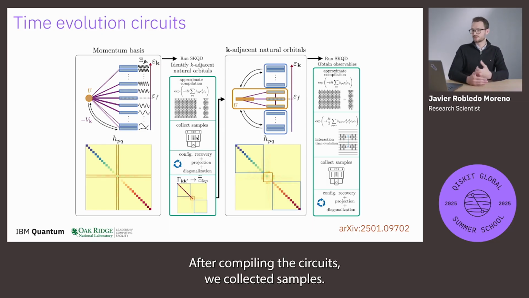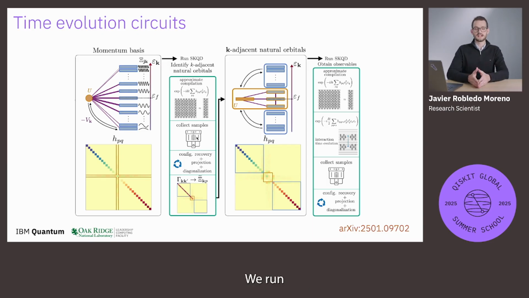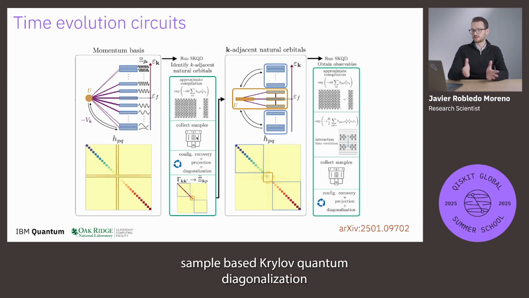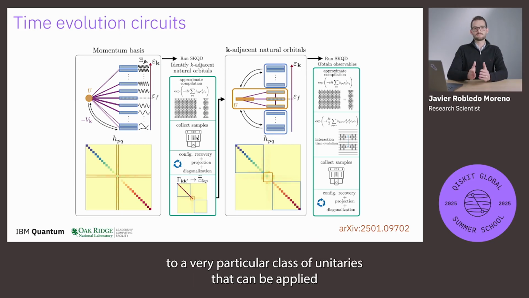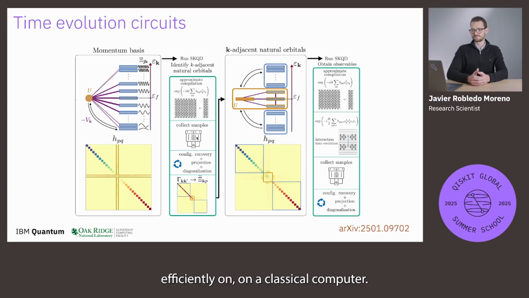After compiling the circuits, we collected samples. We ran sample-based Krylov quantum diagonalization with configuration recovery, as I described before. And then we applied a transformation to the Hamiltonian. We applied a rotation to the Hamiltonian to increase the sparsity of the ground state. This rotation belongs to a very particular class of unitaries that can be applied efficiently on a classical computer, and it is an orbital rotation.